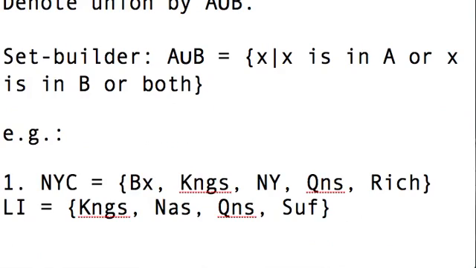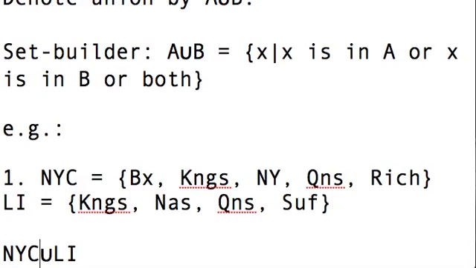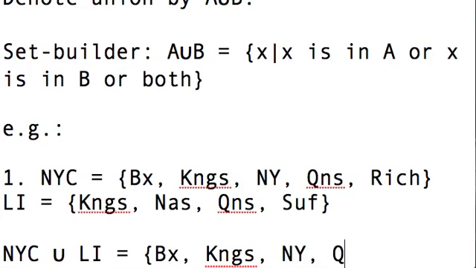Great. So then, what is NYC union Long Island, at least in terms of counties? The way I like to do this is I'll start with the first set and write everybody down. So I've got Bronx County, Kings County, New York County, Queens County, and Richmond County. Then I go to the second set and ask what I have not already written down.